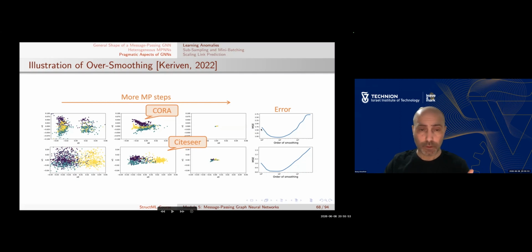You can see that we are maybe underfitting in the beginning. Then at some point, we have a proper distribution, so the error is reduced. And then at some point, when they become similar, when they are over smoothed, you see that the error rises.